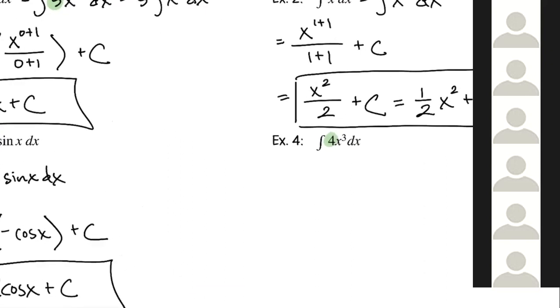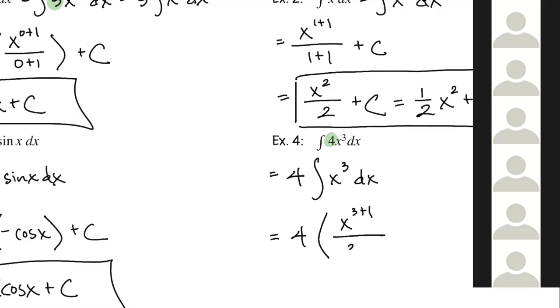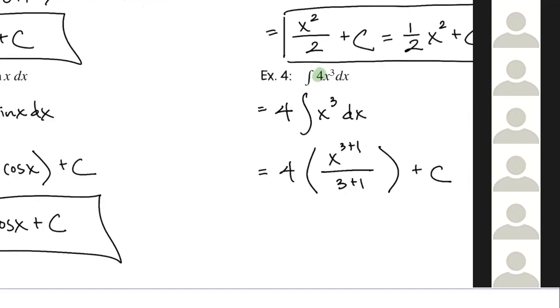So if we bring that constant out, we'll get 4 times the integral of x cubed dx. And when we plug that into the power rule, we get 4 times x to the 3 plus 1 over 3 plus 1 plus c. And let's see, we get 4 times x to the 4th over 4 plus c.